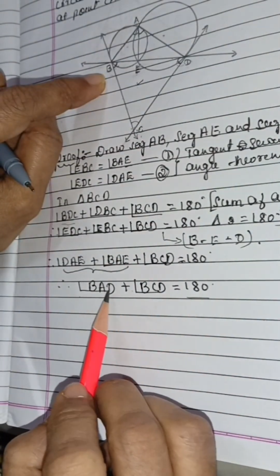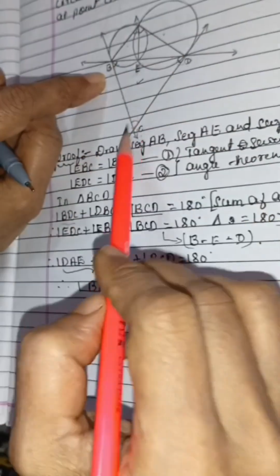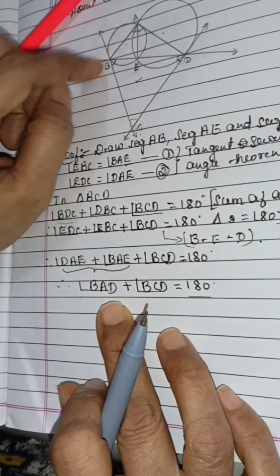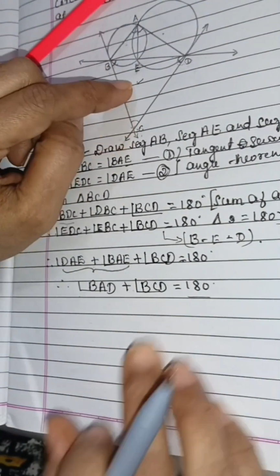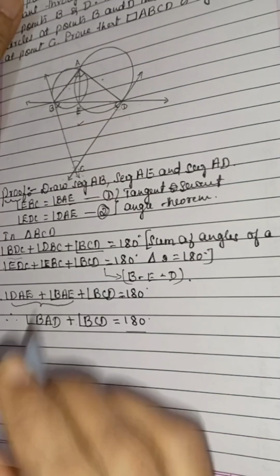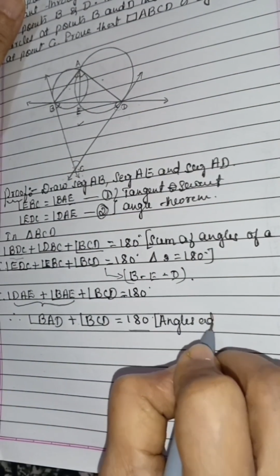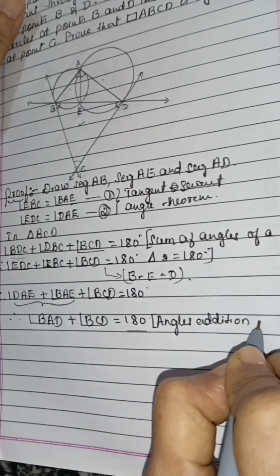So we can now say that quadrilateral ABCD is cyclic. BAD plus BCD is 180 degrees. Here you can write the angle addition postulate.